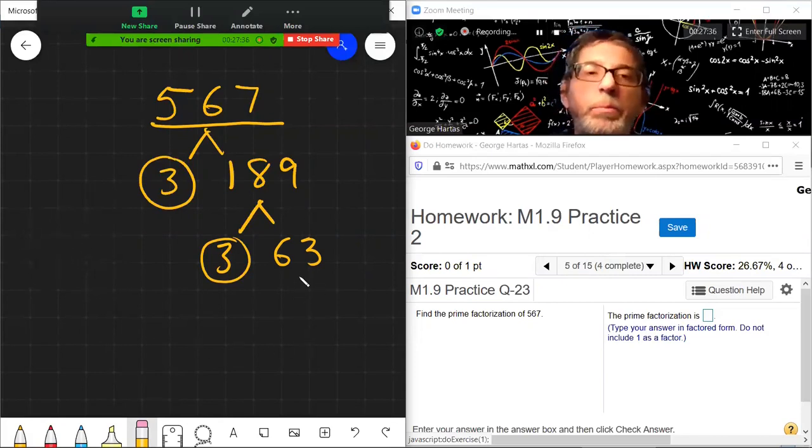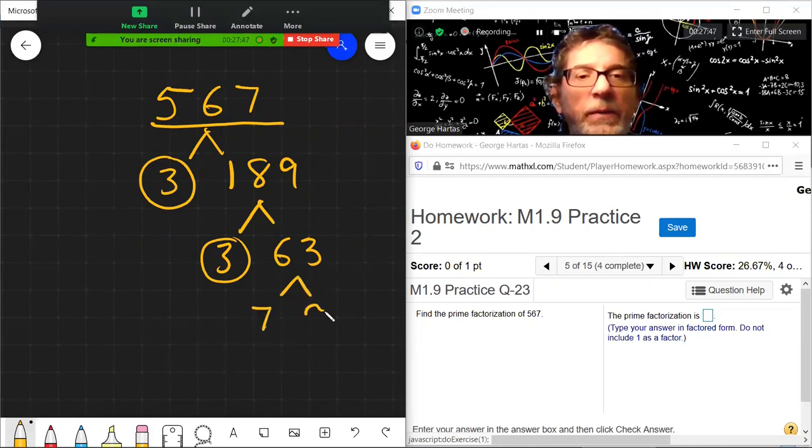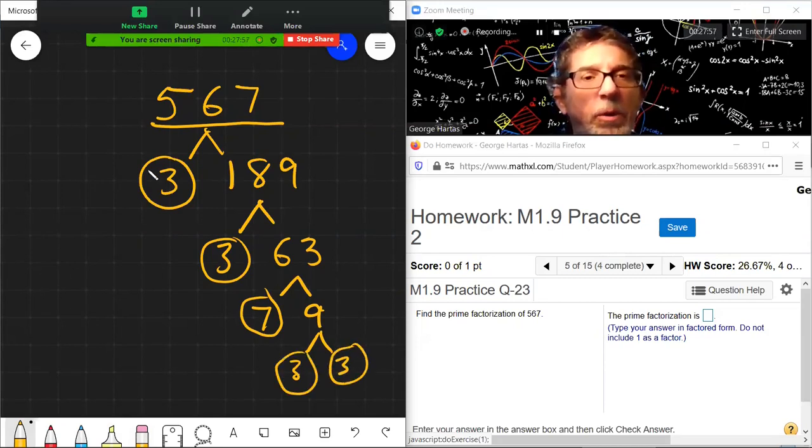Is 63 prime or composite? And you said composite because a bunch of different ways could be gotten here, but 7 times 9 from the multiplication table we know is 63. And then 9 is the same as 3 times 3. So we have 4 3s and a 7.